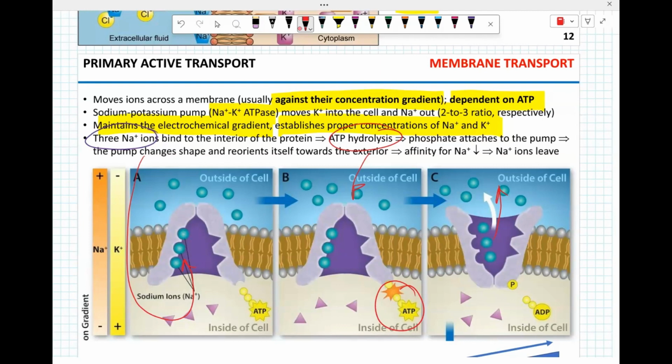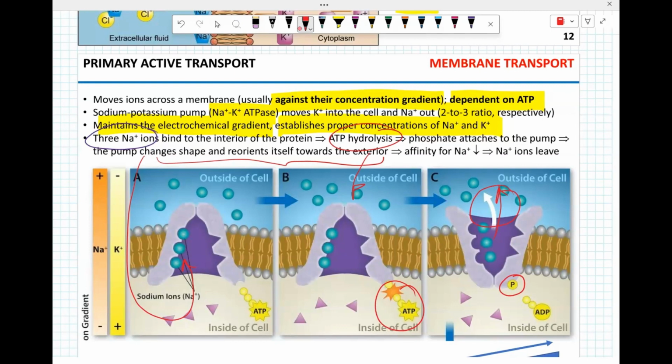Now, inorganic phosphate remains attached to the pump, which results in a change of the pump's shape and it reorients itself towards the exterior of the cell.